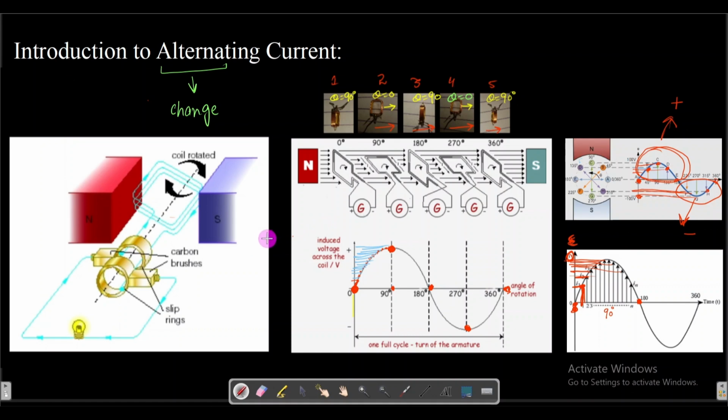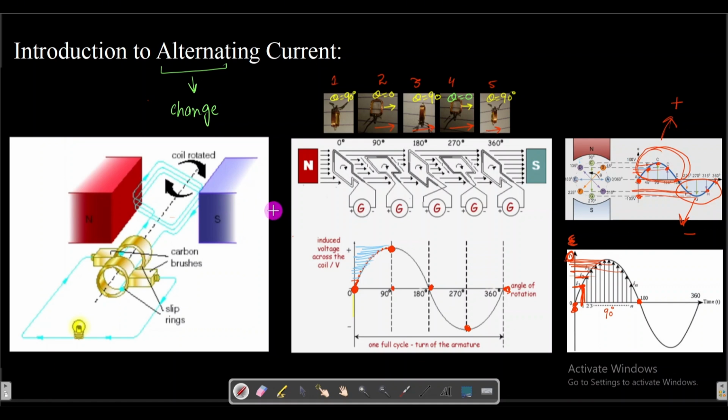That vibration of the electrons inside the conductor is due to the change in the polarity of the alternating current. As we know, in most countries the frequency of alternating current is 50 Hertz. It means that the current will change its polarity 50 times, and the electrons will be vibrating about their mean position due to the change in polarity.